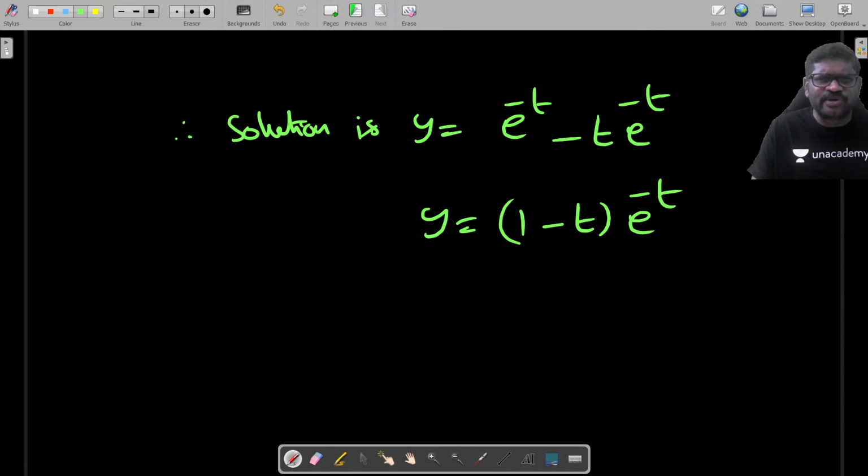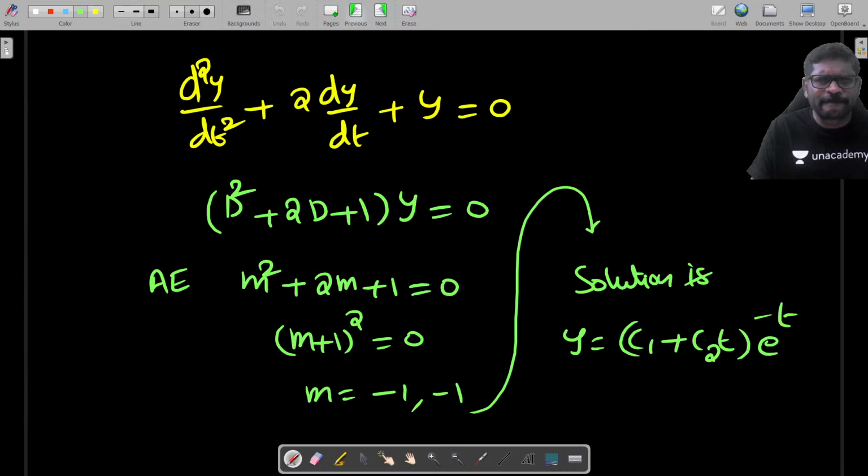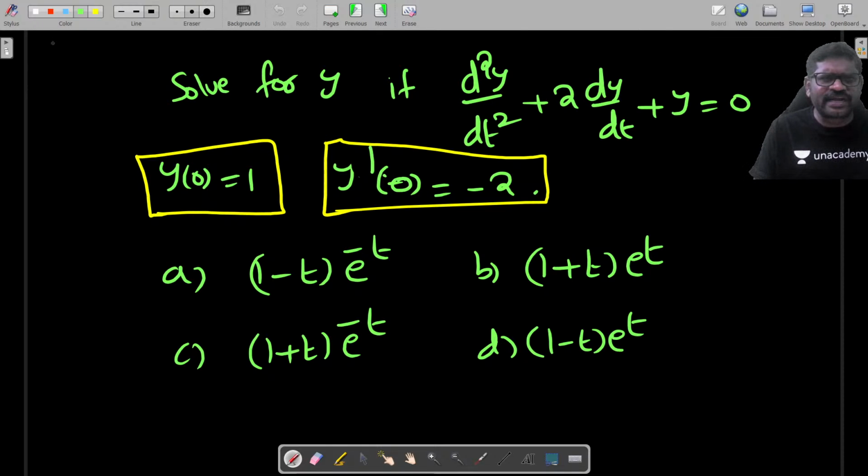So the correct answer is 1 minus t into e power minus t, first option.